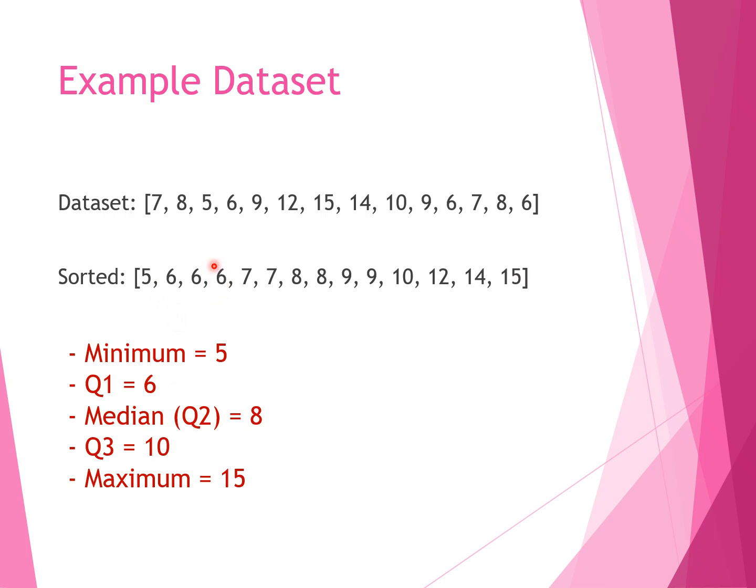Similarly, Q3 is the middle of the right half, and here the middle of the right half is the value 10. Hence Q3 equals 10. So first of all, we have to calculate the median by arranging all the elements in sorted order. After that, we find Q1 and Q3.